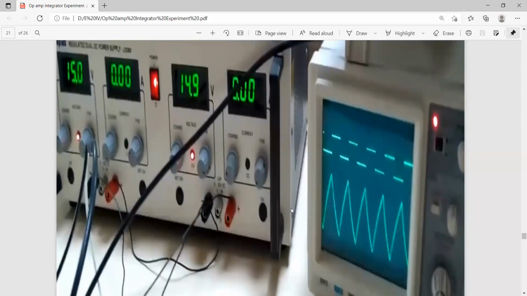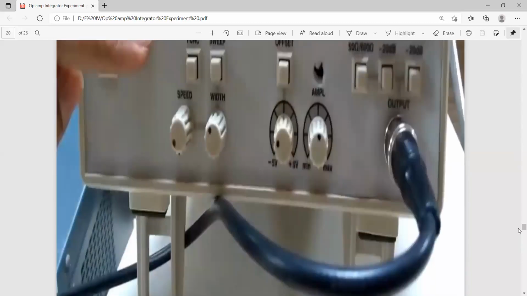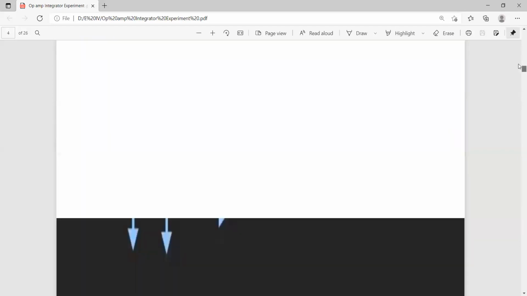So you get spikes: one positive spike at the positive edge of the square wave, and similarly a negative spike at the negative edge of the square wave signal. That is the only difference we get. So in the differentiator, the output is the differentiation of the input.